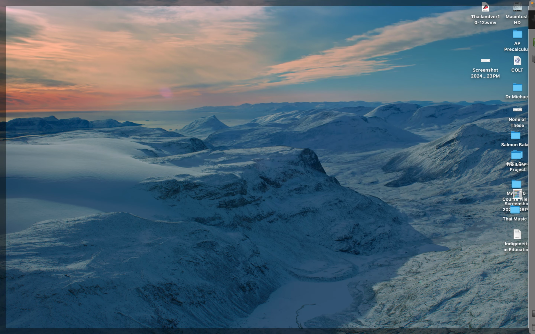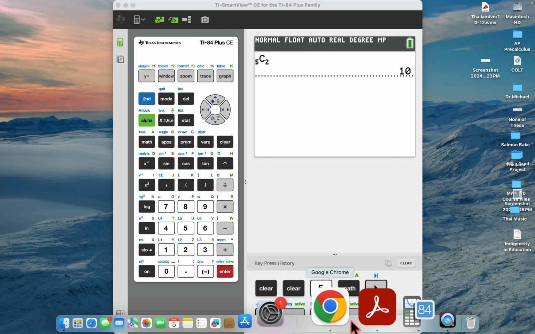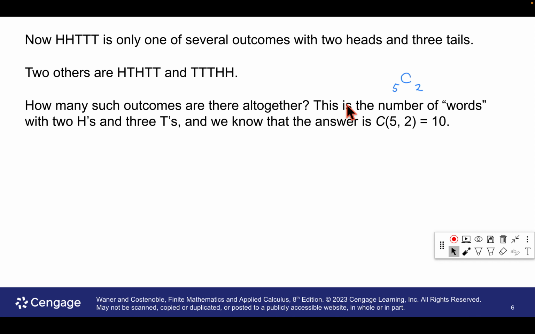Let me get back. Uh-oh, where'd it go? There it is. Okay, so that's where that calculation comes from. We go to our calculator and we just do it. And so that means the probability, remember, we got 2 heads, which is a probability of P. We got 3 tails, which is a probability of Q. And then this is going to happen 10 times.